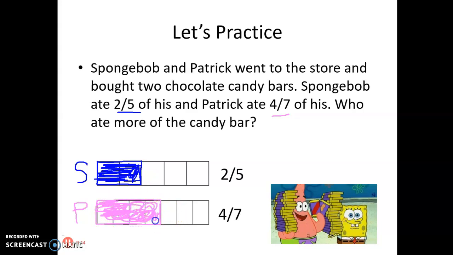Alright, so I colored in the best I could. Now we have to look and see who ate the greater amount, who ate more. From the visual that we created, we can easily tell that Patrick ate more chocolate. He ate more of his candy bar. So 4/7 is greater than 2/5.